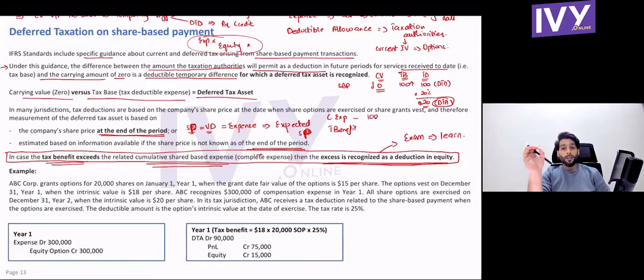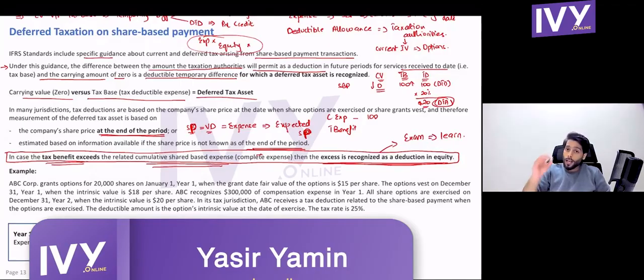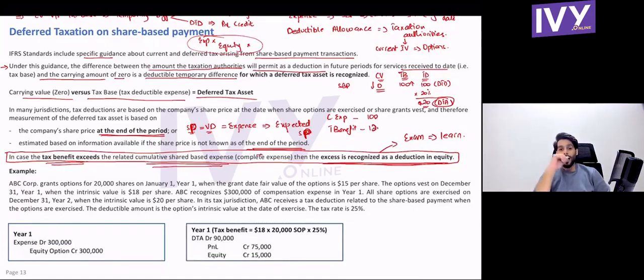Now in accounting, if you are recognizing an expense of 100, the tax benefit of that expense should never be more than 100. How can a tax benefit be more than the whole expense? The accounting standard is saying that if you get to know that the amount of tax benefit actually exceeds the amount of accounting expense that has been recognized in the books, then the excess would be treated as a deduction in equity.